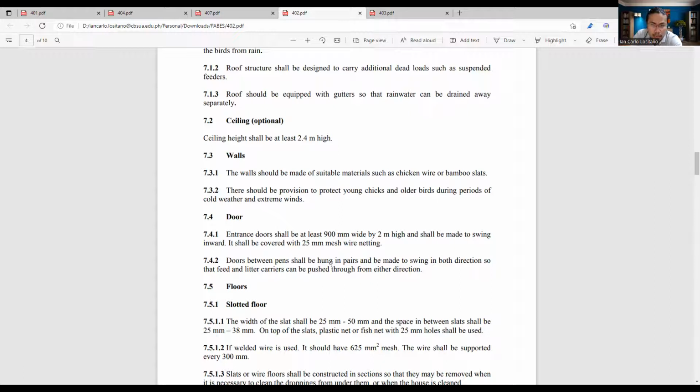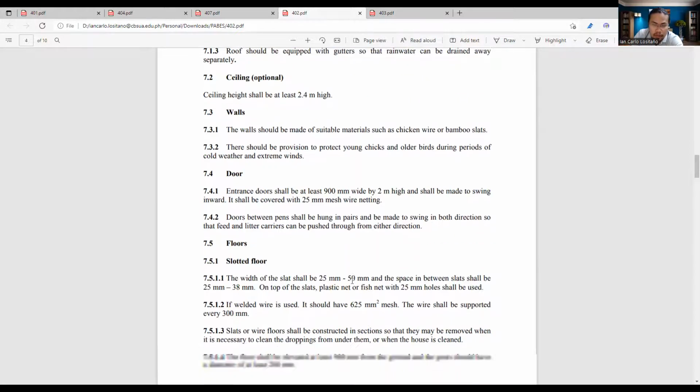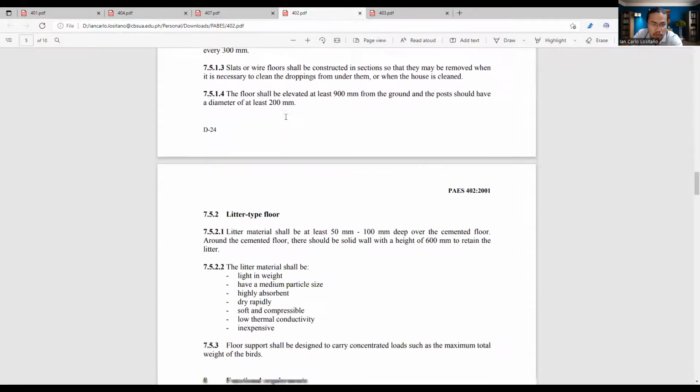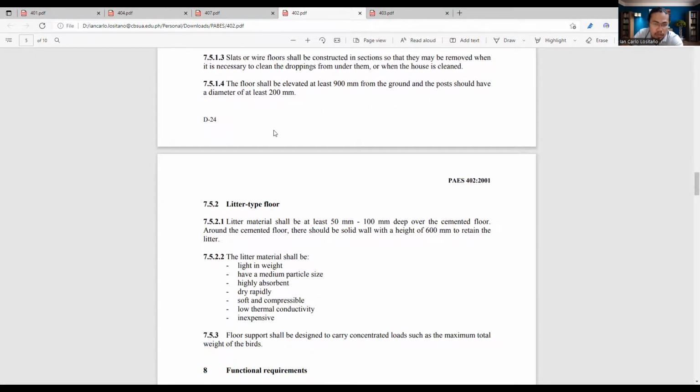Doors between pens shall be hung in pairs and be made to swing in both directions so that feed and litter carriers can be pushed through from either direction. Floors, you have a slatted floor, and then also another is the litter type floor. Okay, litter material shall be light in weight, have a medium particle size, highly absorbent, dry rapidly, soft and incompressible, low thermal conductivity, inexpensive.